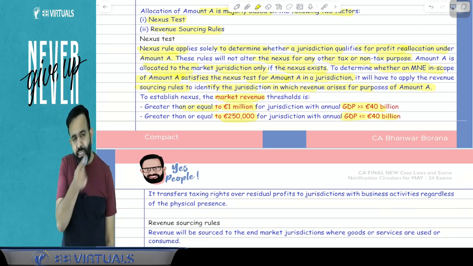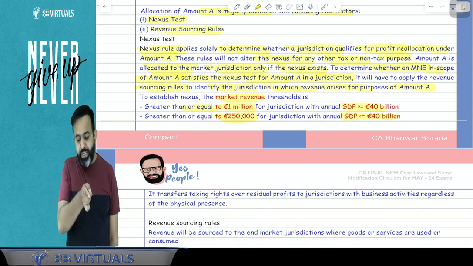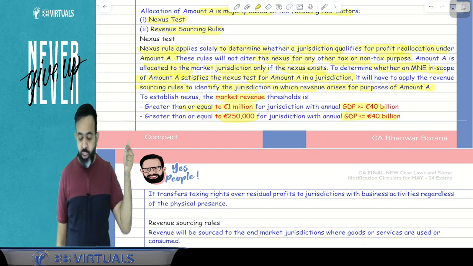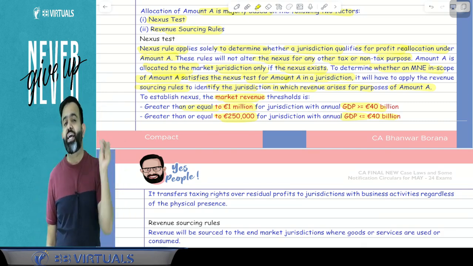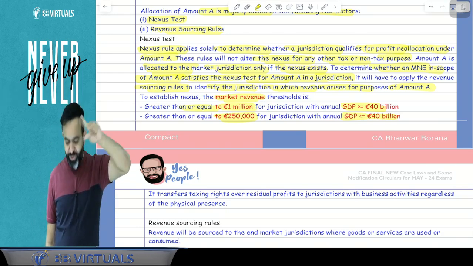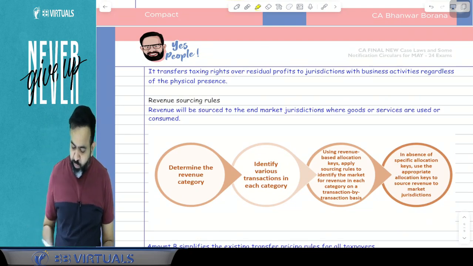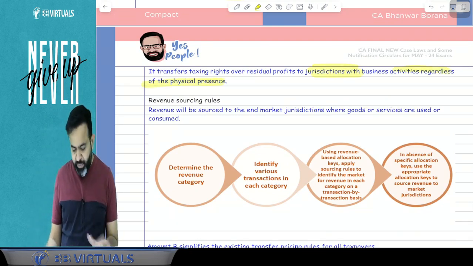And if that country's GDP is 40 billion euros or less, then revenue from that country is 250,000 euros, then that country will get the right to tax on that excess profit. You got my point or not? Yes. It transfers taxing right over residual profit to the jurisdiction with business activity regardless of the physical presence.